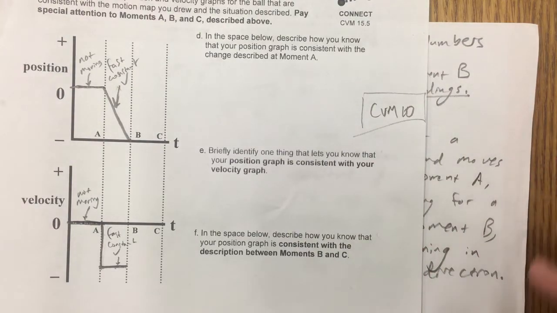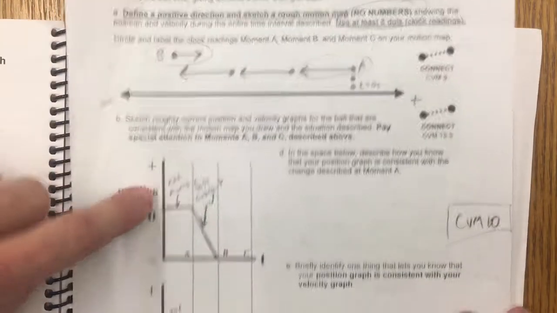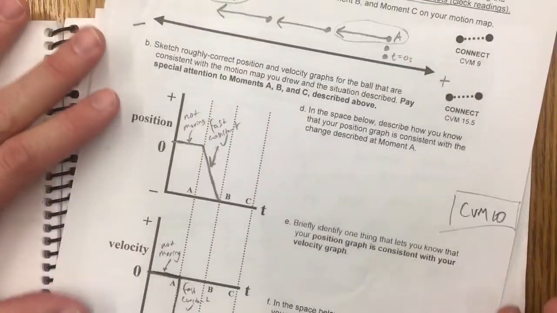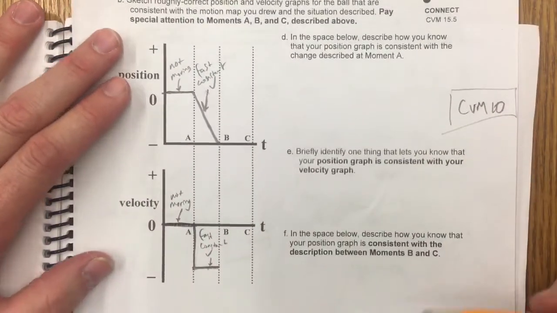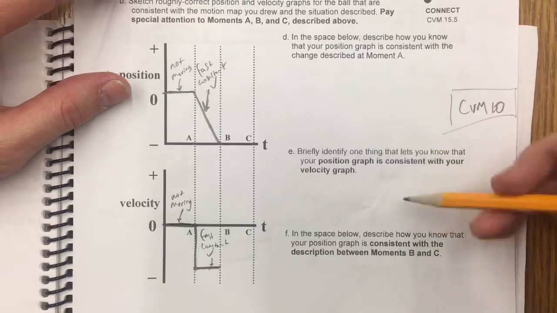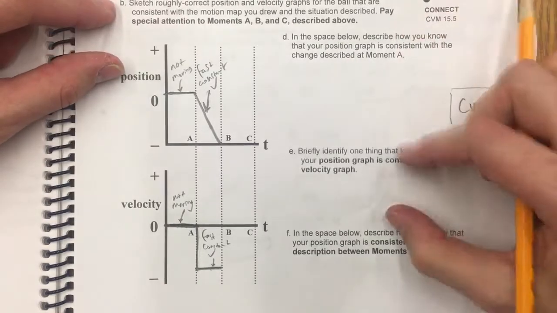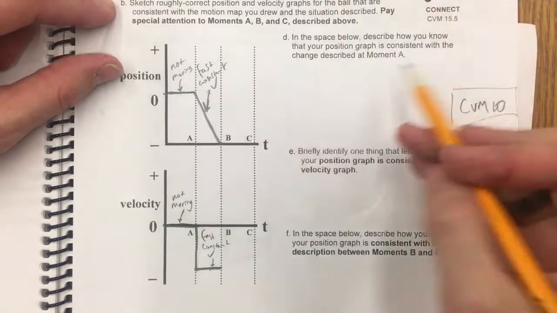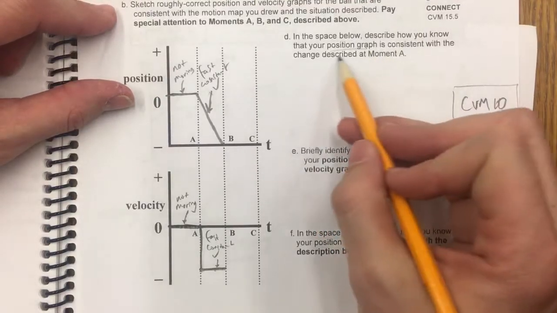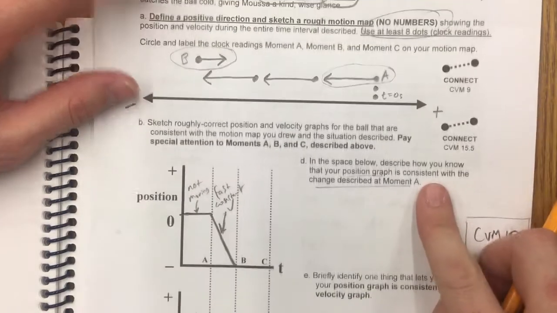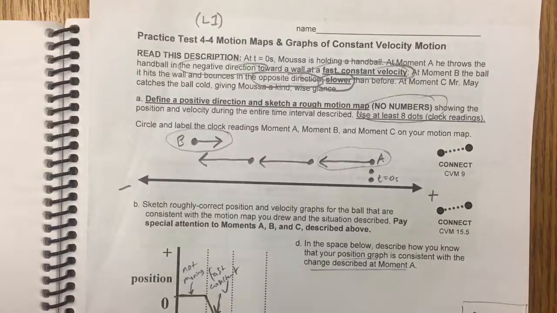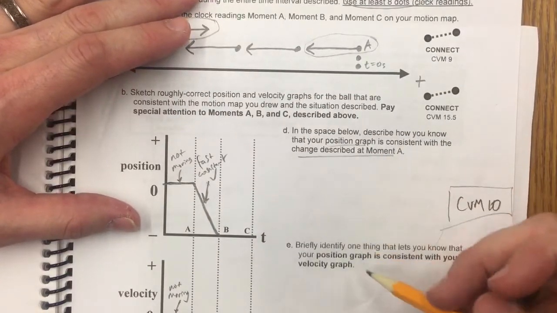We know now that the idea that we have to check that these are consistent with each other is important. These questions are getting at, can you describe the connection between this idea and between the position graph and the change described in the description in moment A. I need you to actually write a sentence explaining that you described this.